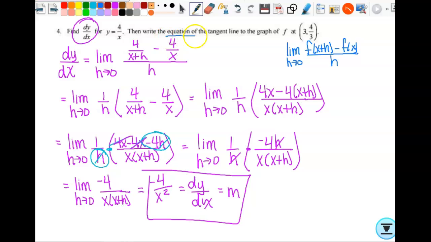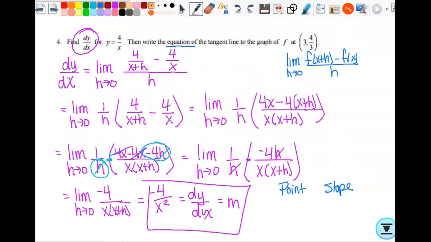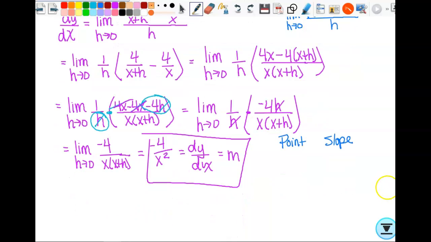So in order to write the equation, I have to have a point, and I have to have the slope. They gave me the point. It is 3, 4/3. My slope is negative 4 over x squared.